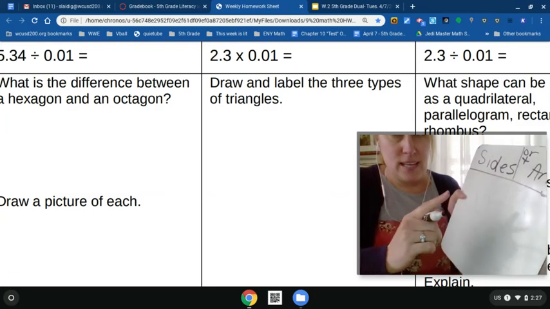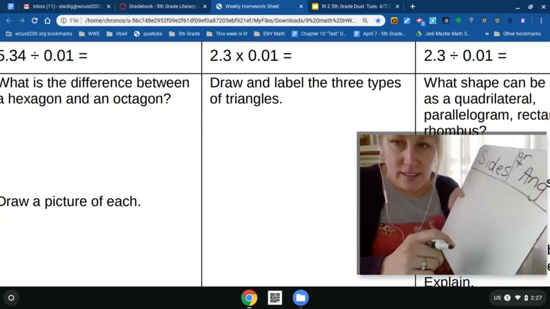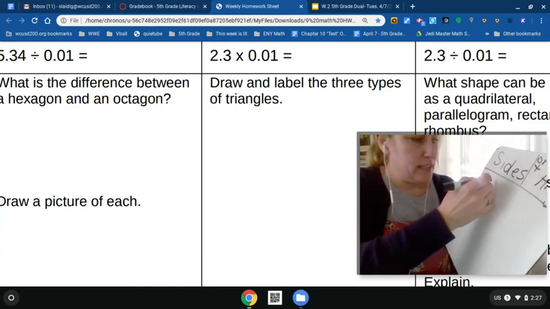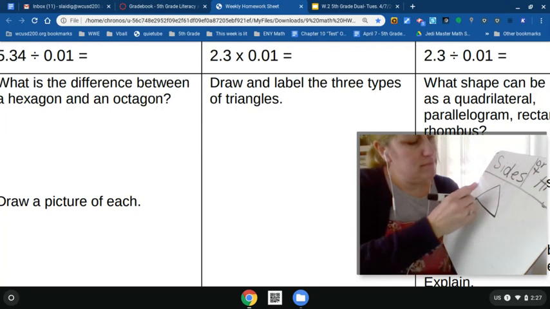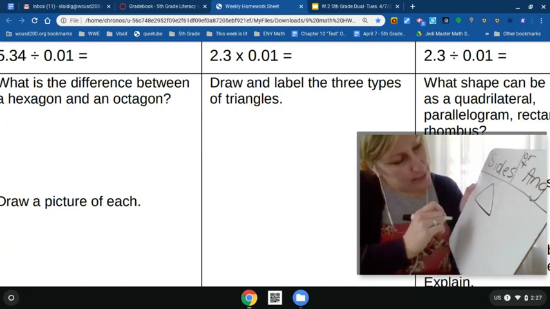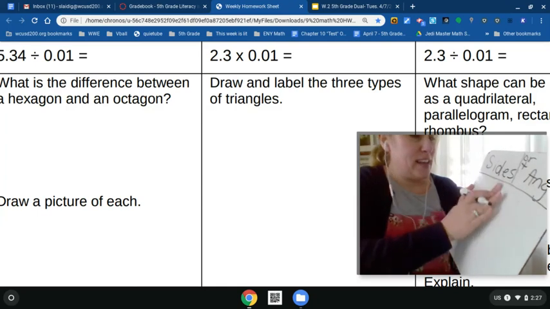Okay, so labeling triangles by their sides. One type of triangle is a triangle that has all three sides the same, so all the same length. Hopefully that's about right. That's called an equilateral triangle.